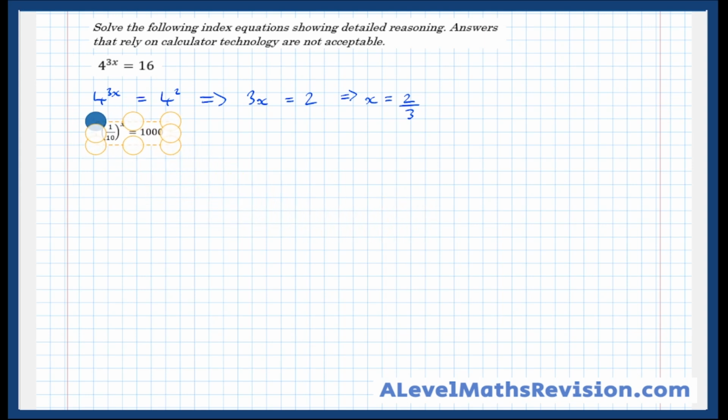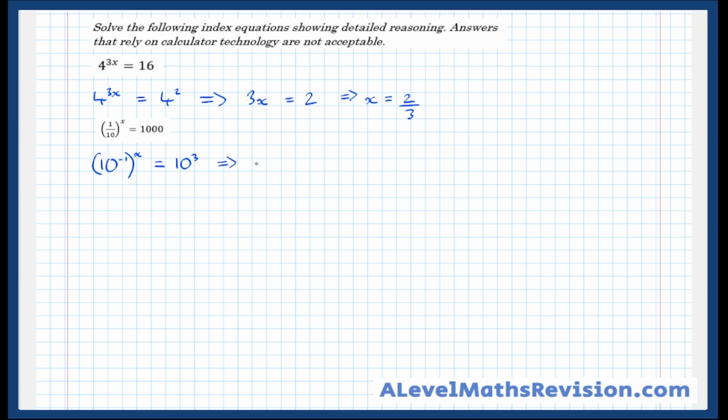Again, if you want to have a go at it, pause the video, have a go, see what you can do. So 1/10, I know, is 10 to the minus 1. The reciprocal of 10 is 10 to the minus 1, to the power of x. On the right hand side, we can write 10 cubed.